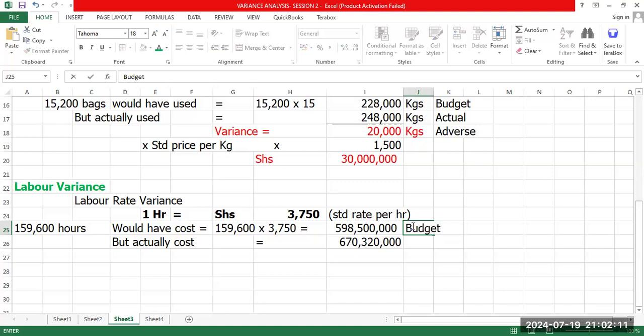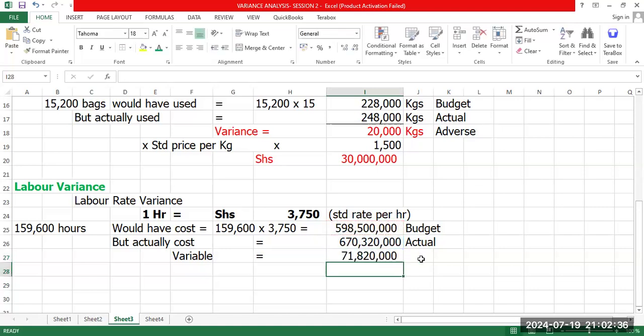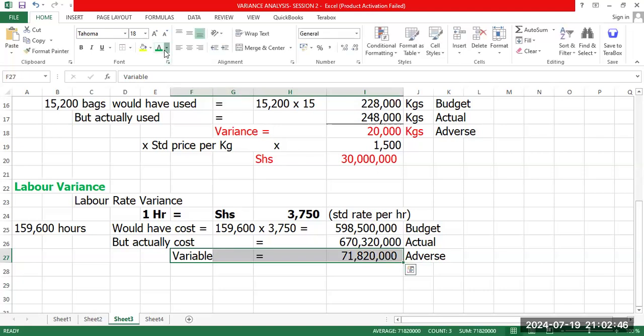This is like your actual. So is it favorable to you or unfavorable? Unfavorable. The actual is higher than the budgeted. So this is unfavorable. This is adverse. And the fact that this amount is in shillings, we stop here.